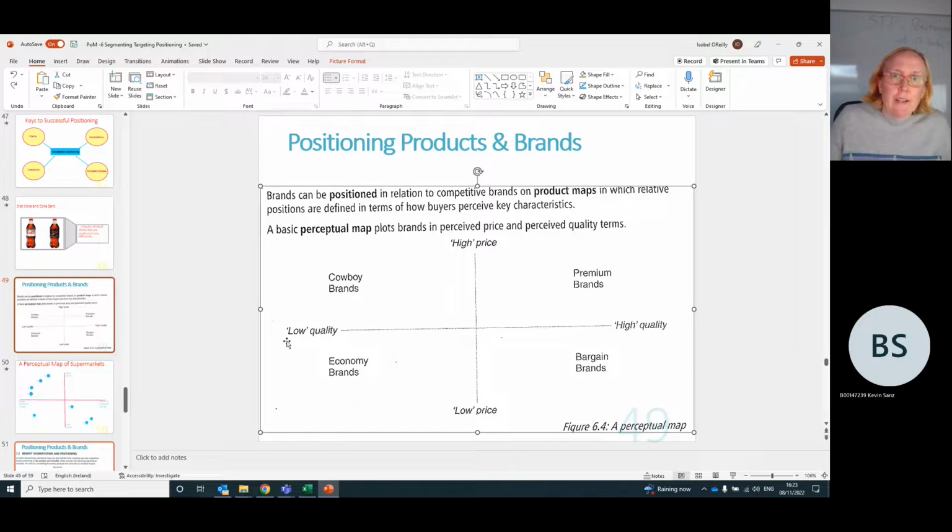Now, the outlier is if you have a product that is actually low quality, but they are charging a high price. This is where you do not want to be. These are cowboy brands, or whatever way you want to put it. This is not what we are in marketing to do. This goes against good ethics and good business, because, as I've said many times, it is usually good business to be good.